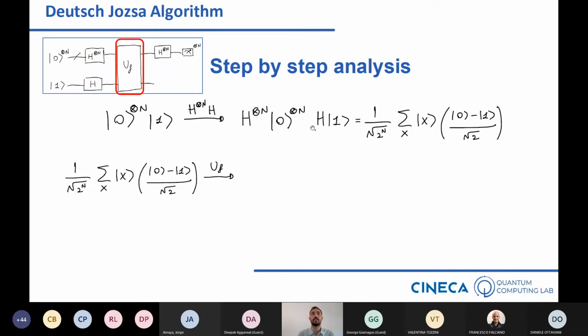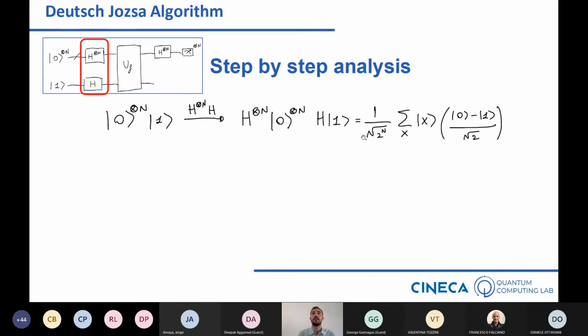What happens here? We can write this in this way because we have seen it before. You probably have it in front of you, something like that. Okay, this became a mess, but I can fix this.